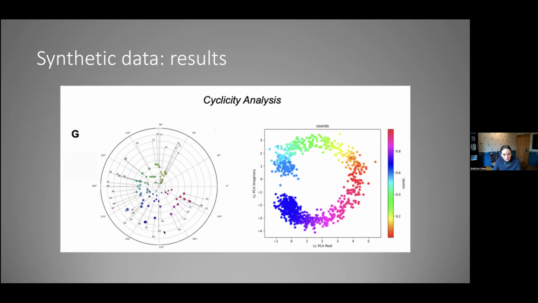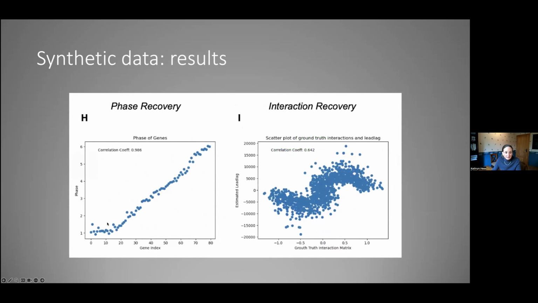How well do our estimates match up to that? And so here we're mapping the actual index of the gene, which is giving the phase, against the phase that we detected. And we see a very, very good correlation, 0.986. And then the amplitude's not quite as good, but not too bad. But the phases work extremely well.